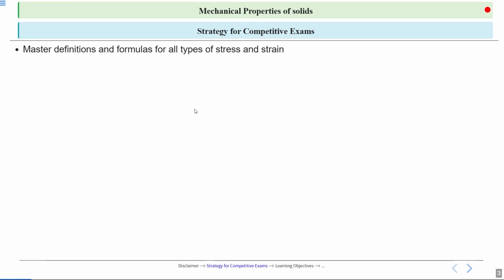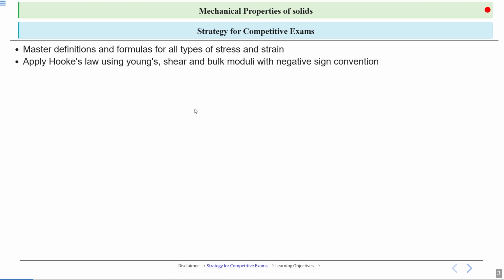Strategy for competitive exams. So first, master definitions and formulas for all types of stress and strain. After that, you need to learn Hooke's law using Young's, shear and bulk moduli with negative sign convention.